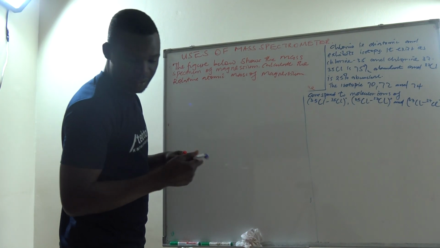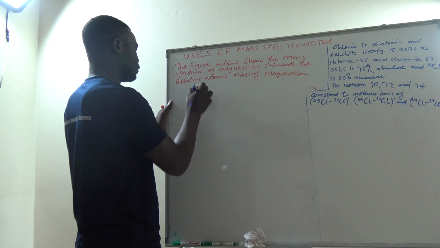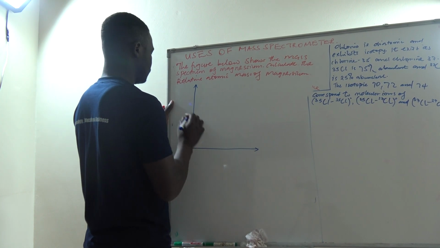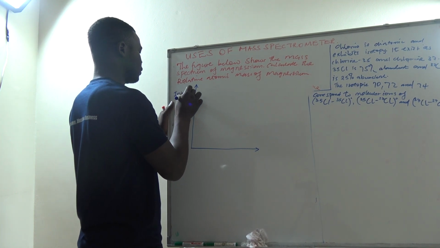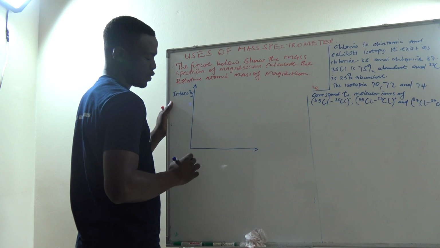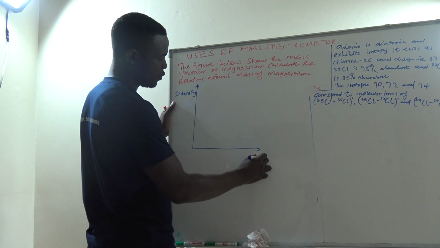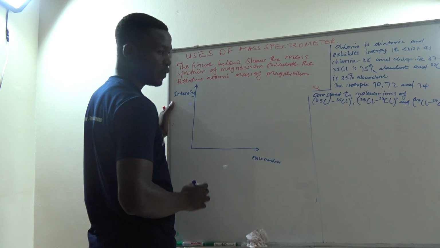So the spectrum is as follows. This is intensity. Then this is mass number.